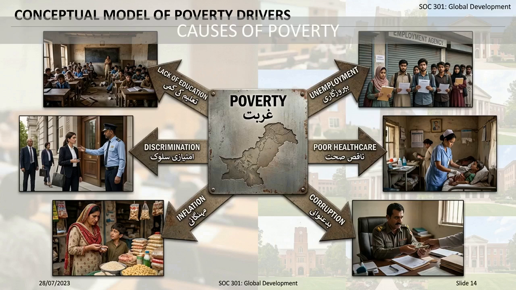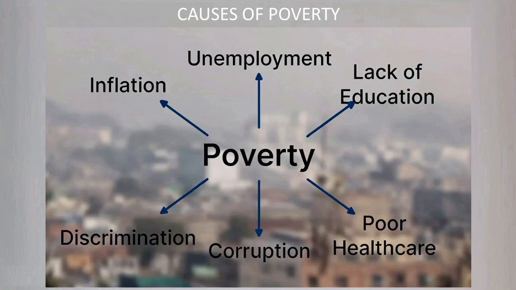Institutional causes include corruption and weak governance. When public resources are mismanaged, development efforts become less effective. Structural causes include discrimination and unequal opportunities. These barriers prevent many individuals from fully participating in economic life. Understanding these causes is essential for designing effective poverty reduction policies.